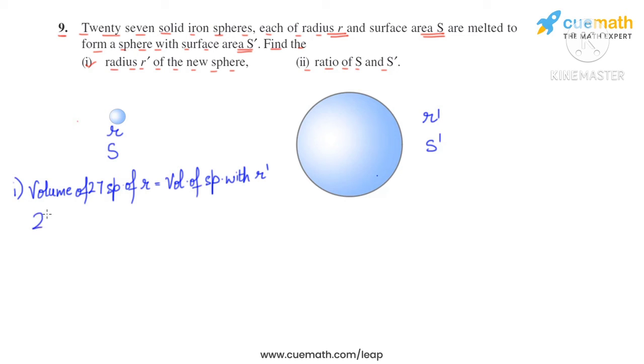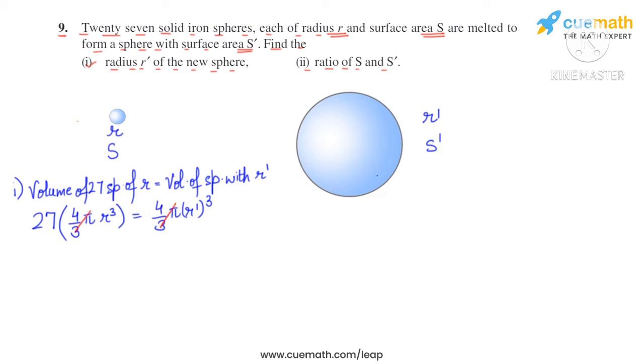So it means 27 multiplied by formula of volume is 4 by 3 pi r cube should be equal to 4 by 3 pi r dash cube. When we simplify, 4 by 3 pi gets cancelled on both the sides.